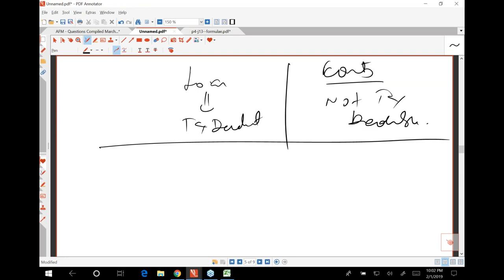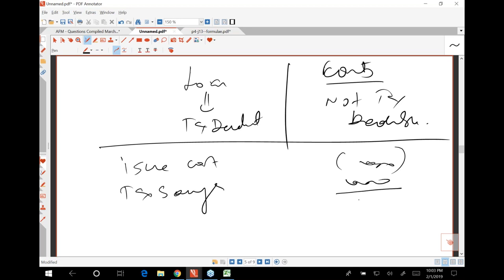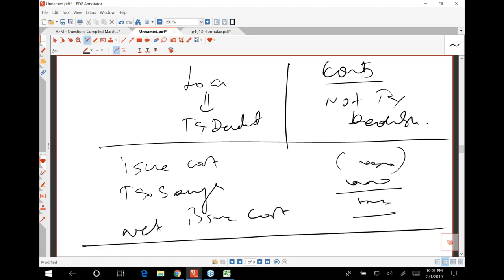Generally, you need to understand how much the issue cost is. Whatever the issue cost is, that is shown as an outflow, and whatever tax savings you get on the issue cost, that's shown as an inflow. So you get the net issue cost. So that is one of the aspects.